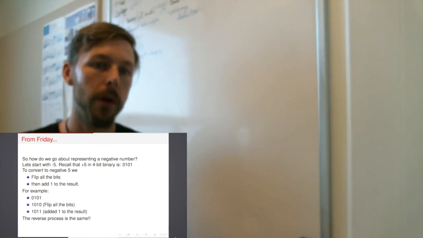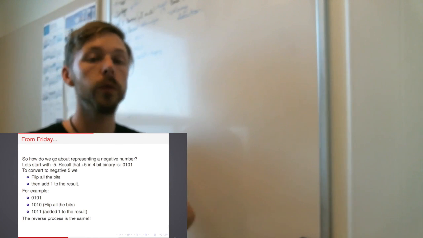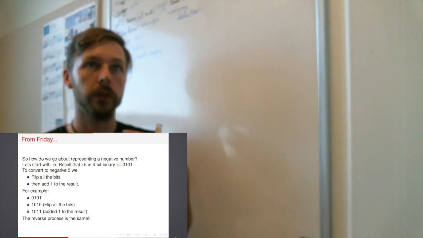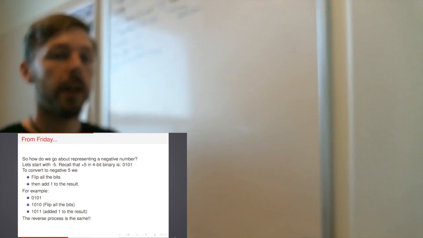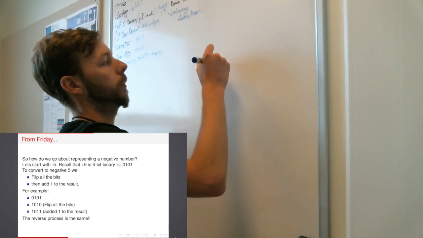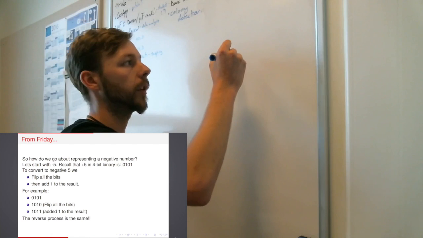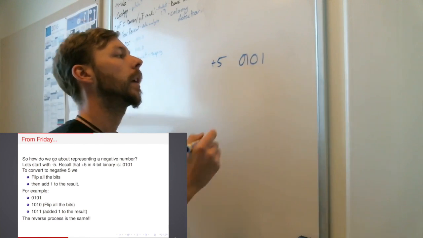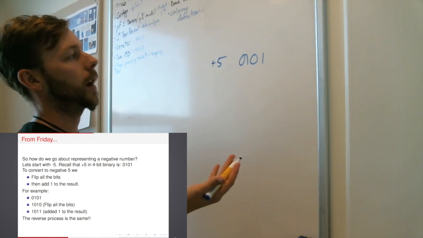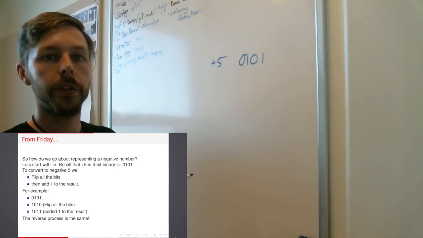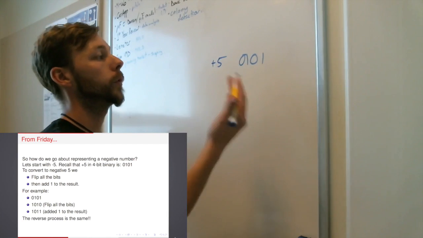When I talk about signed binary, I mean binary that can also encode negative numbers, and usually that means 2's complement notation. So just as a reminder, if I want to write positive 5 in unsigned binary, it is 0101, and if I want to write that in 2's complement binary to figure out what negative 5 is, I do 2's complement.